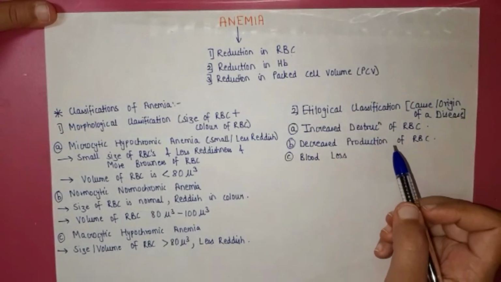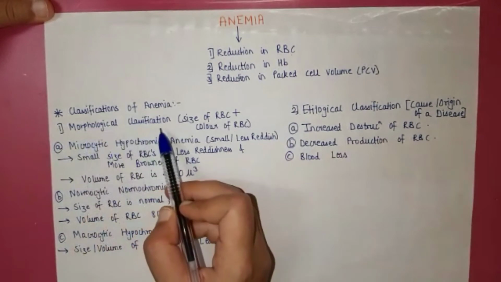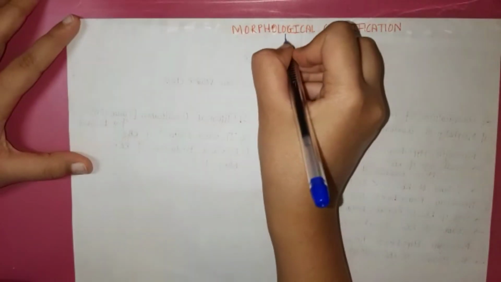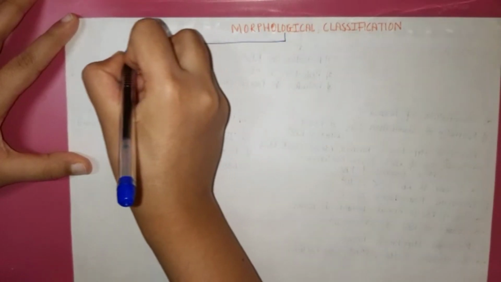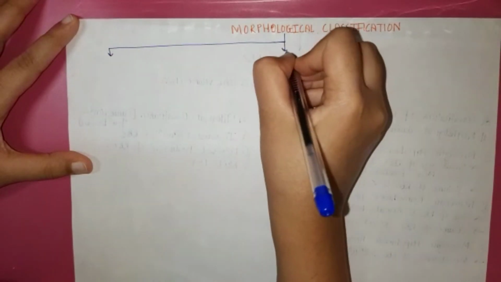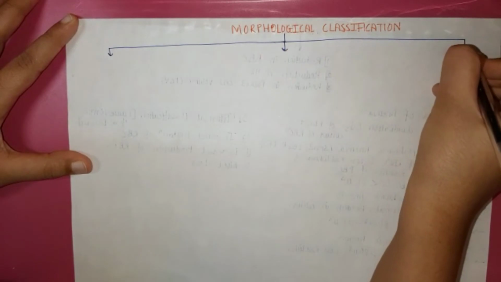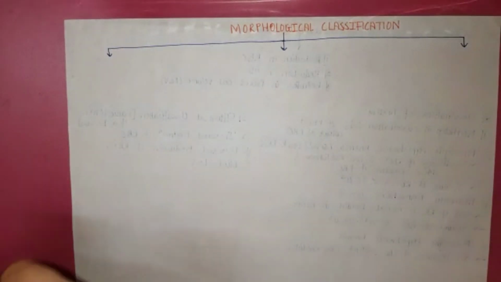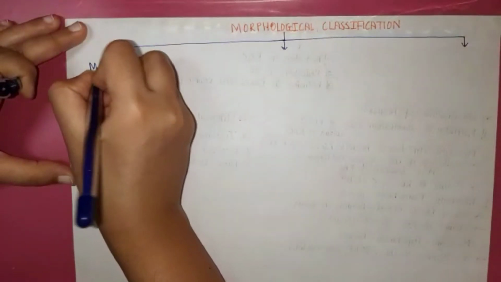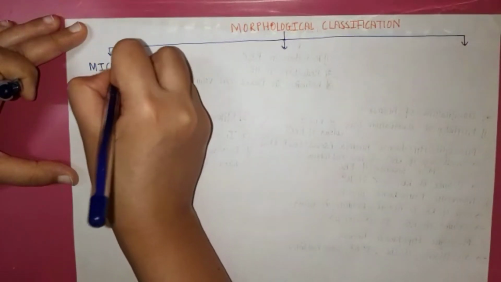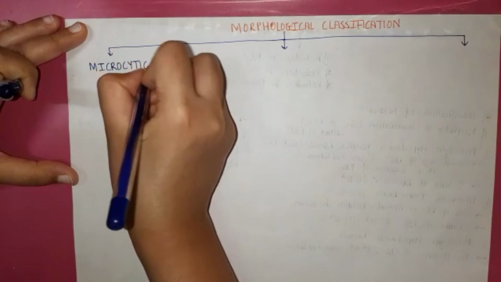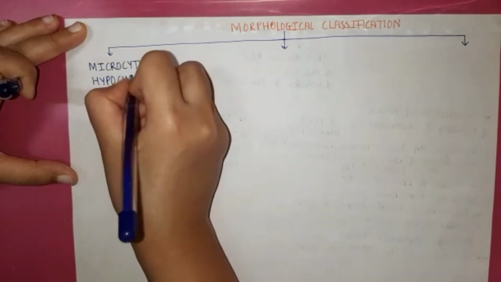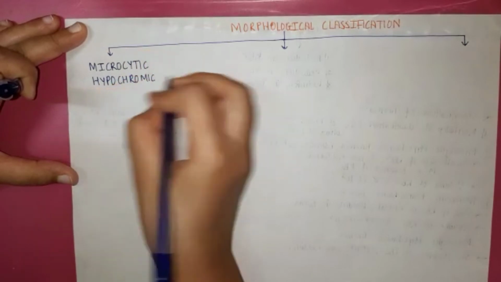Now let's see the details about the morphological classification. Now morphological classification, as we just talked about, is classified into three types according to their size and their volume. So the first one we have is microcytic hypochromic anemia.